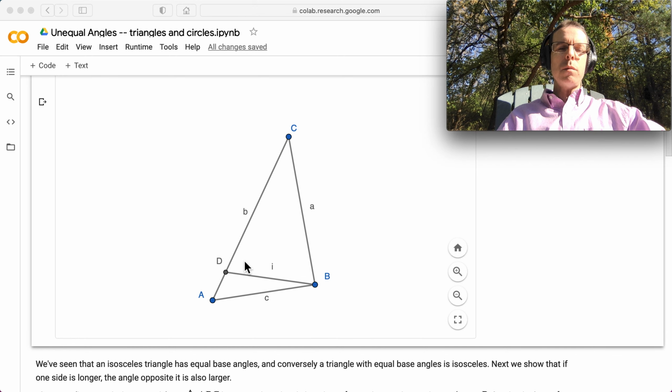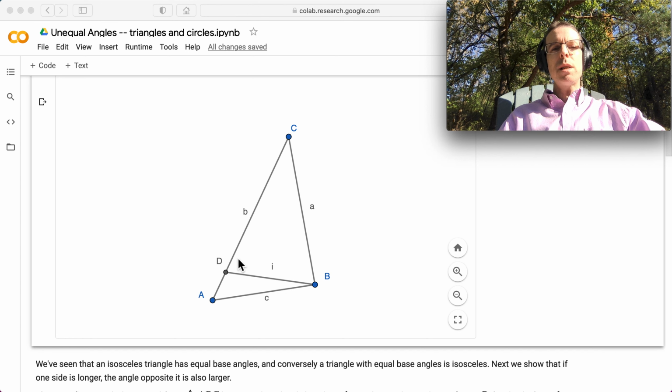How does that work? Well, first let me argue that angle A is smaller than this angle CDB. Why is that? Angle A plus angle ABD plus angle ADB sums to 180 because those three make a triangle, namely the triangle ADB.